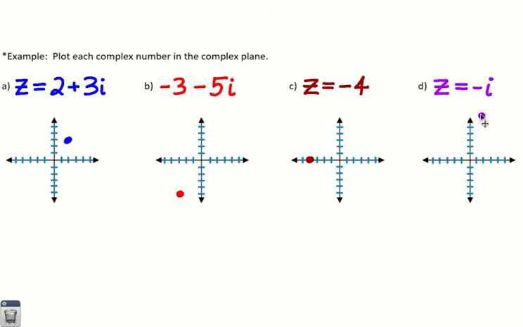Kind of like over here where it doesn't look like we have an a value, or we could say a equals 0, and our b value looks like negative 1. And so we end up plotting it right there, 0 on the a axis, negative 1 on the b axis, which again is more like the real and imaginary axes.